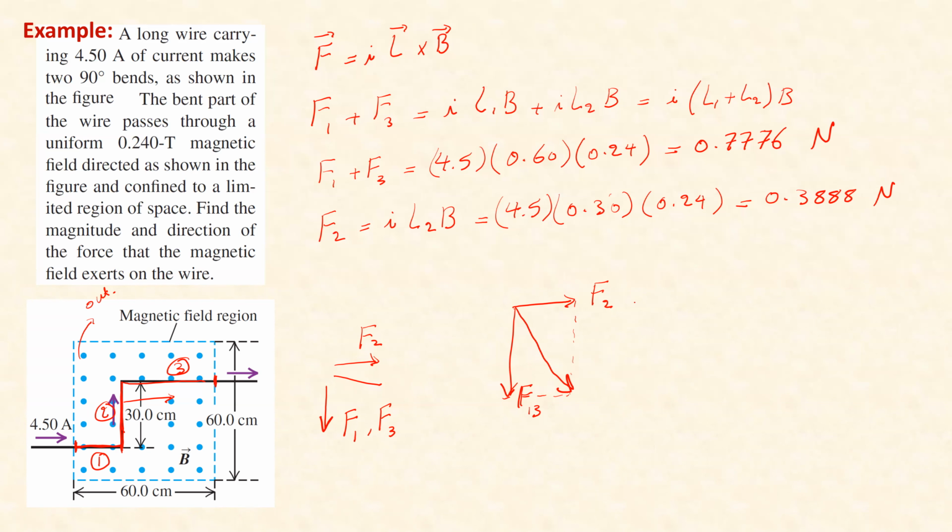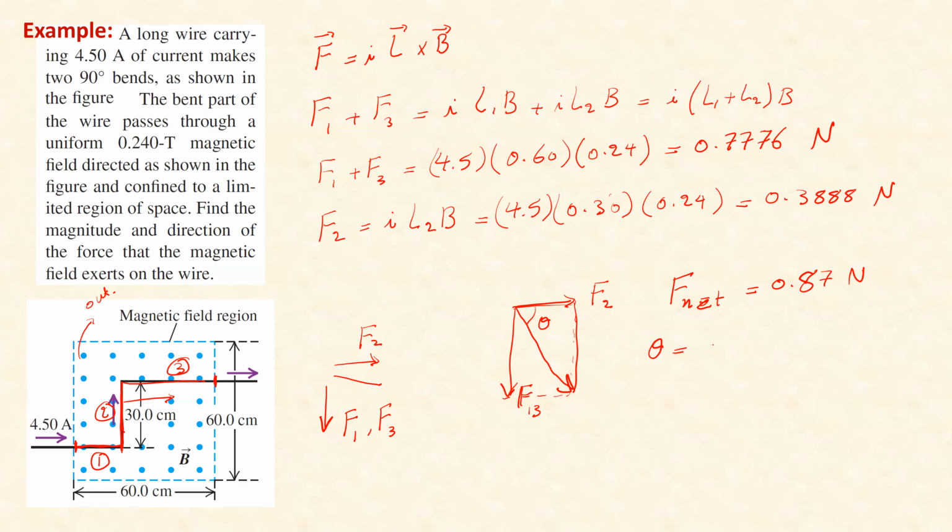So you get 0.887. So the magnitude of F net is 0.887 Newton, and the direction will be tan inverse of 2, right? It's this divided by that will be tan of theta.